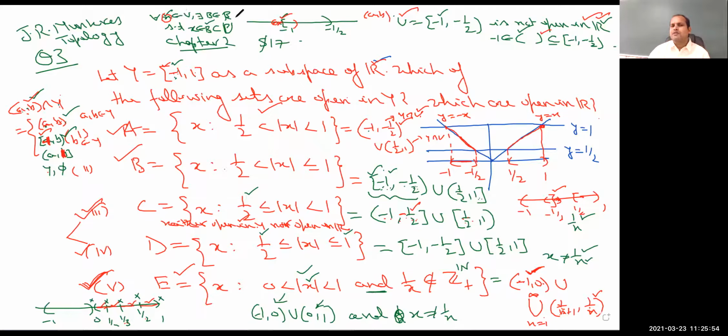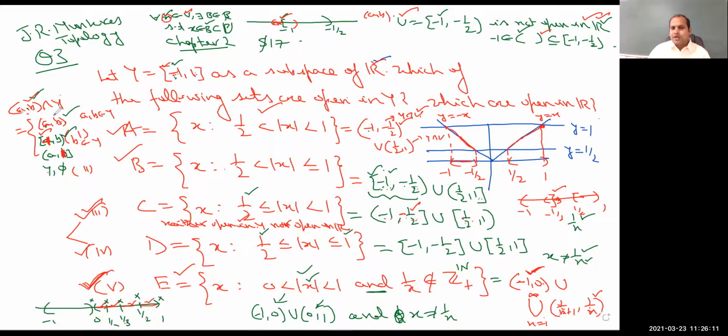If set U is open, the only question is that if you are looking at this U, whether it is open or not with respect to the subspace topology present on Y, then the basis member will be of this type.